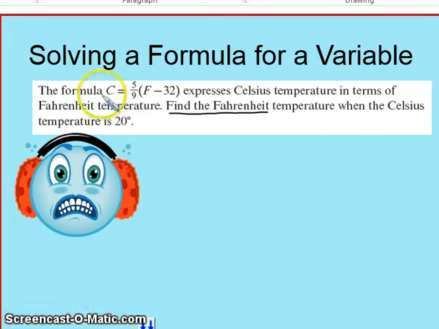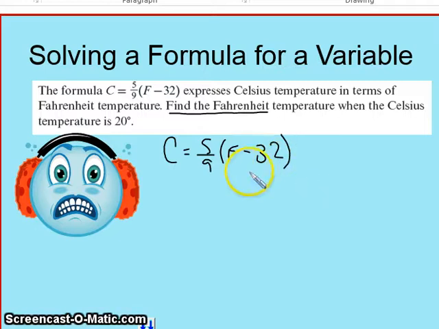Now, this equation gives us a way to find Celsius when we are given Fahrenheit. But we need to actually do the opposite. So what I'm going to do here is I'm going to solve this equation for f.